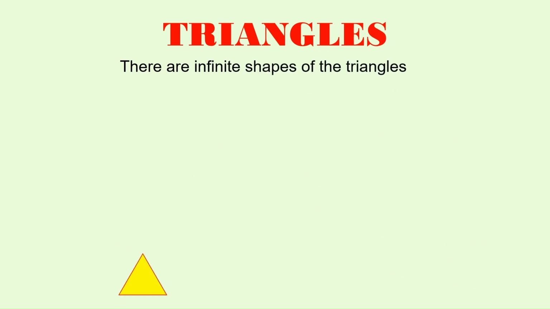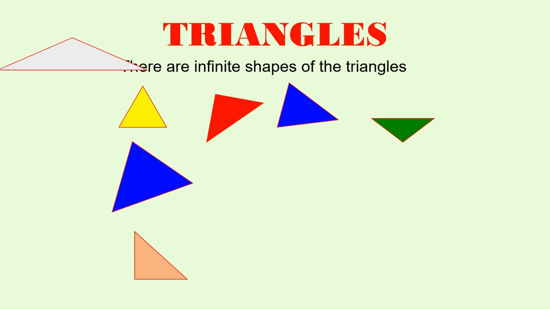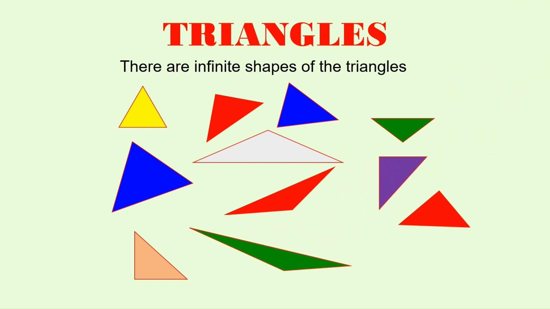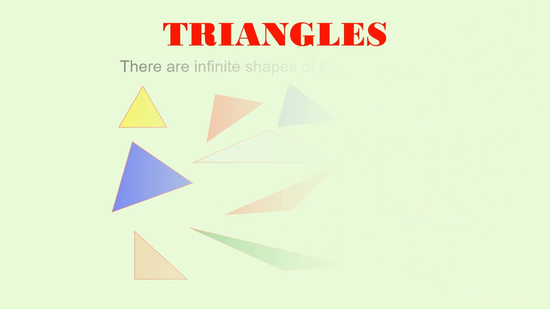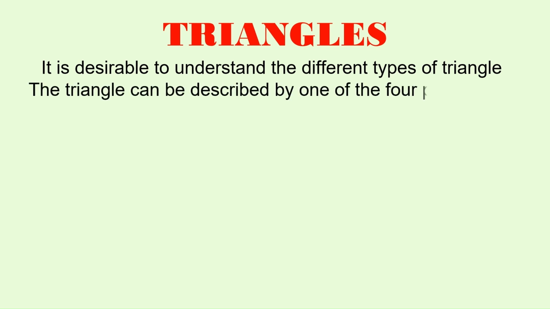There are infinite shapes of triangles. It is desirable to understand the different types of triangles. A triangle can be described by one of four parameters.